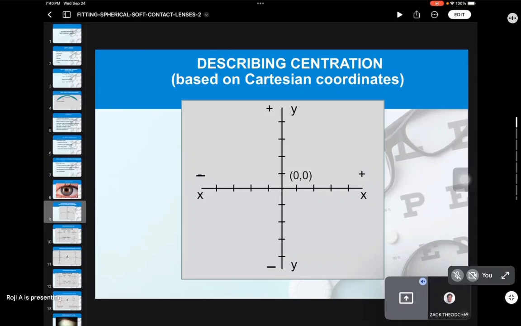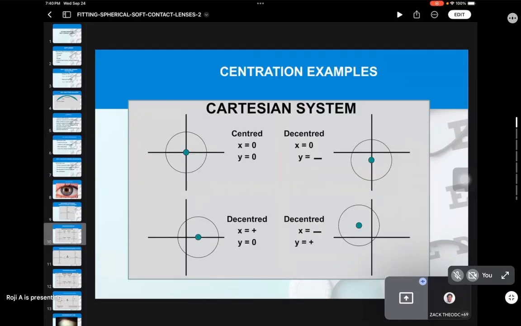Next, you can also see that when you are doing centration, you will be giving me values. This is part of the quiz, of course. So if it's well centered, then y should be 0, x should be 0.